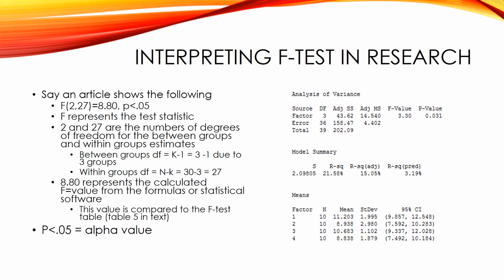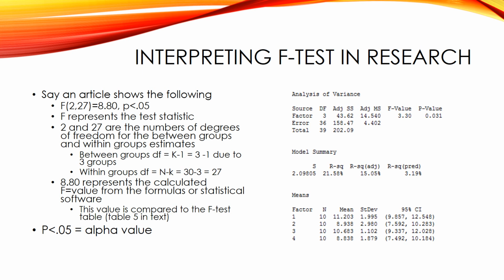So if you look at the picture on the right, you can see the means are calculated below. The F for the different groups, the F value is 3.3, and then that value had a p-value of 0.031, indicating that you have a significant interaction between the different groups.